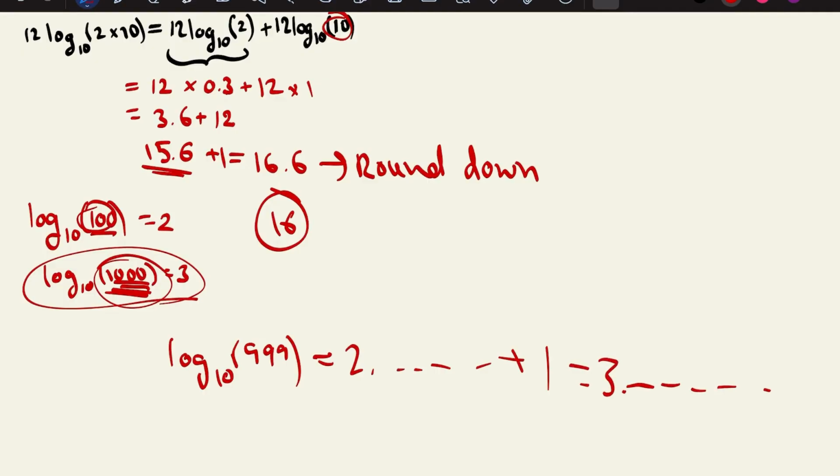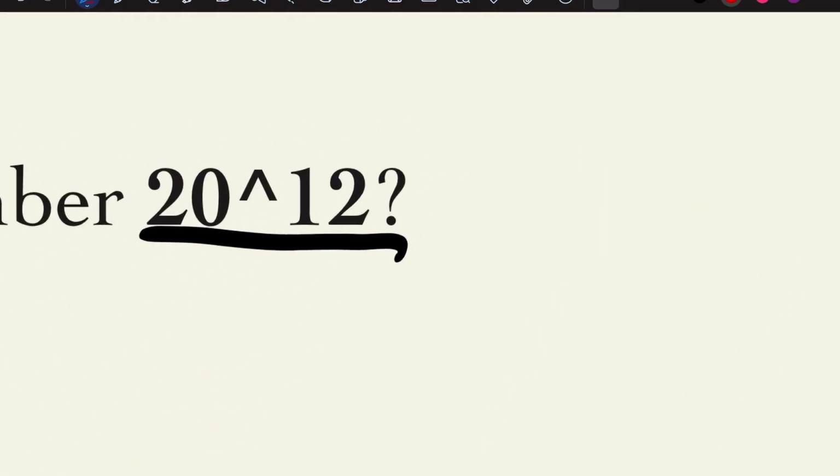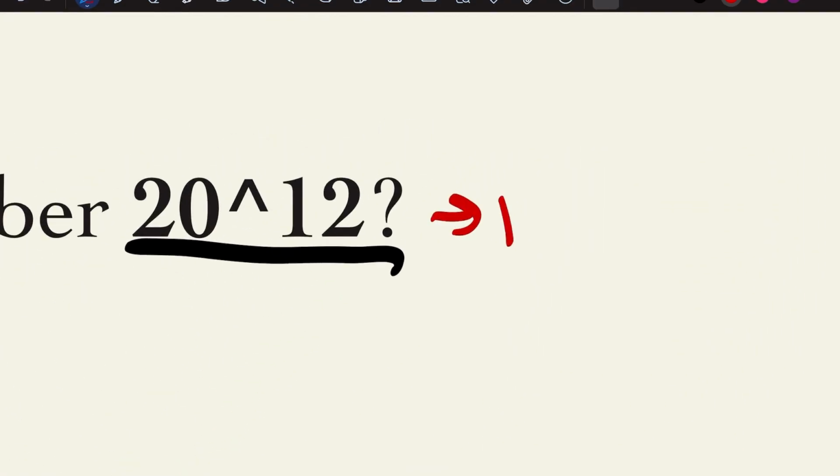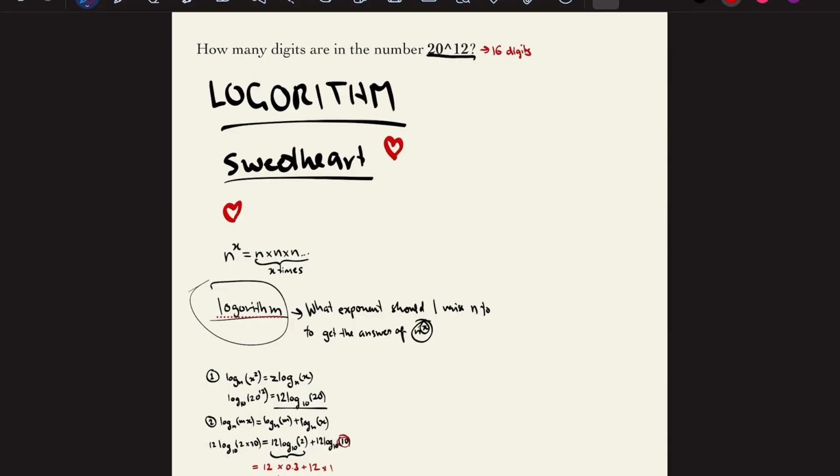You always round it down to 3, no matter how big the decimal is, even if there's a 9 after it. So that's why we're going to round this down to 16. And that, my friends, is the answer to this question. There are 16 digits in 20 raised to the power of 12.